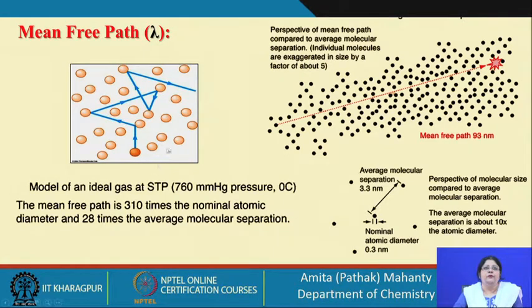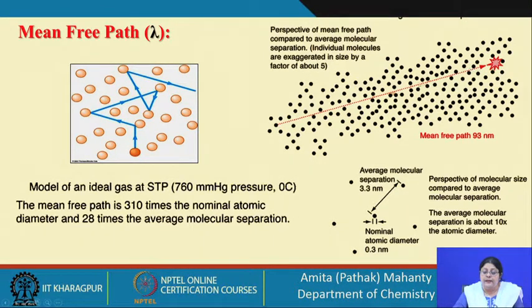Okay. Now, if you take a look at the nature of dimensions of what we are talking about, you see the perspectives of the mean free path compared to the average distance between two molecules, and the diameter of a single molecule. If you are comparing in that order, these are actually not to scale, but you can see the mean free path is, this is a collision, this is another collision.